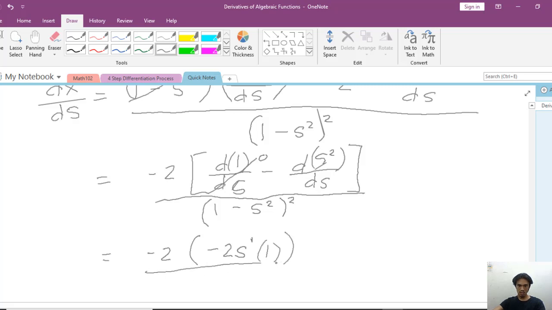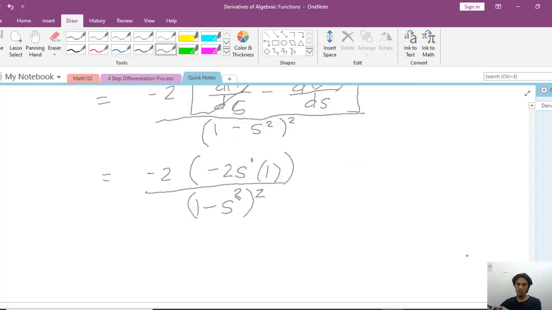This is divided by 1 minus s squared quantity squared.